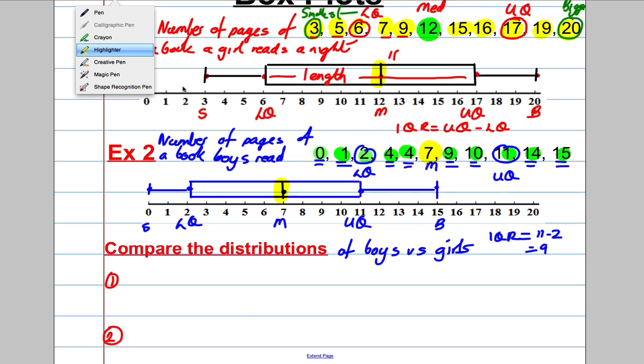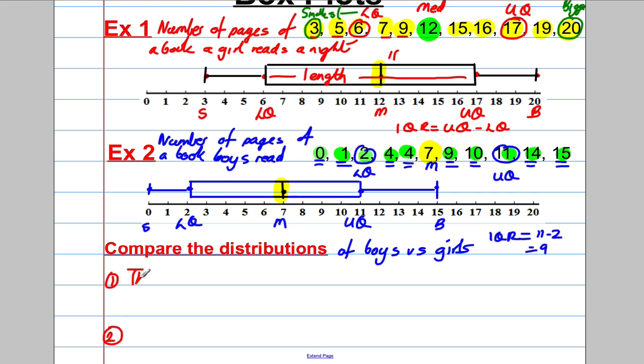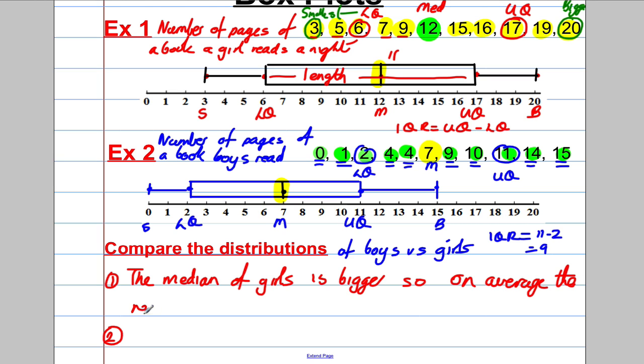So we just have to say a statement: the median of girls is bigger, so on average the girls read more. The girls read more pages. Simple as that.